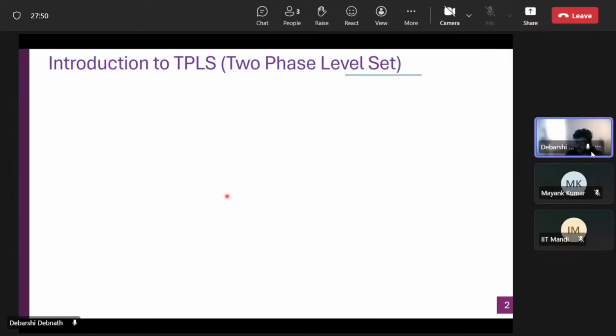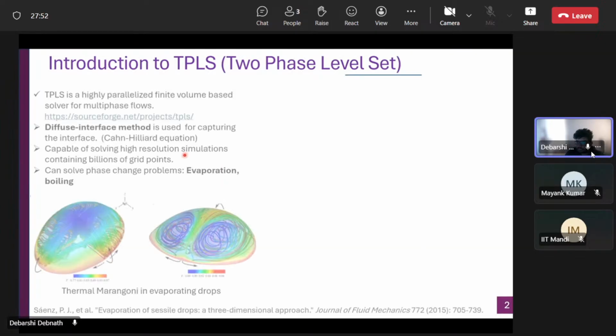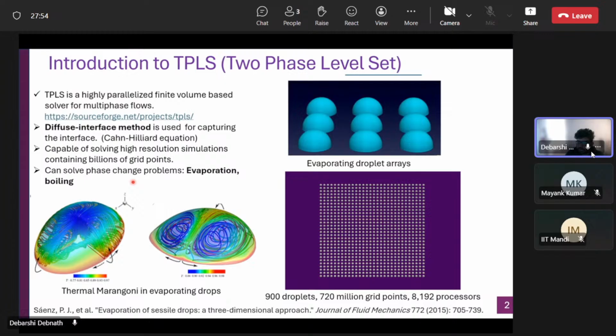A quick recap: this is a diffuse interface code that solves the Cahn-Hilliard equation and is able to solve all kinds of multi-phase problems with or without phase change, specifically in very high resolution and 3D configuration.